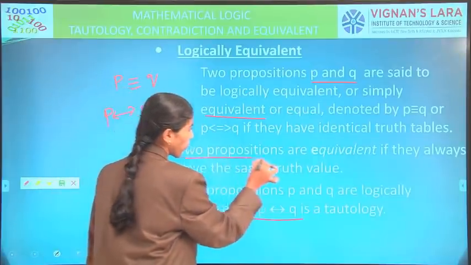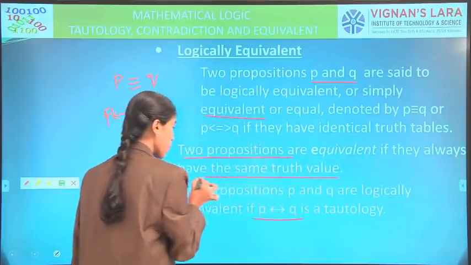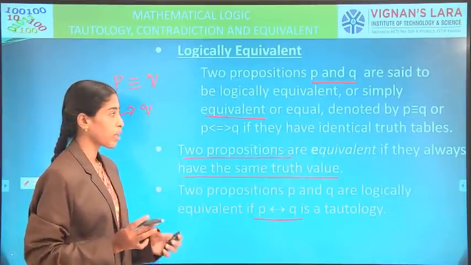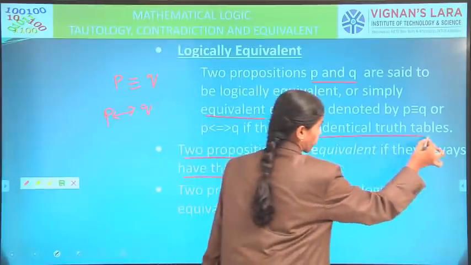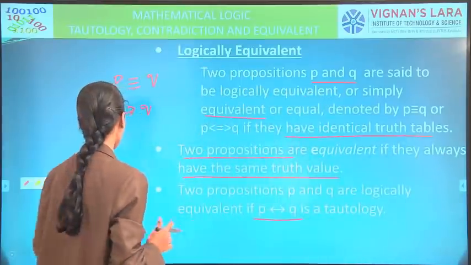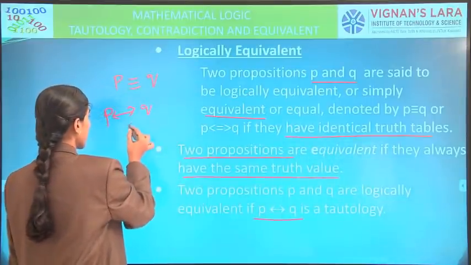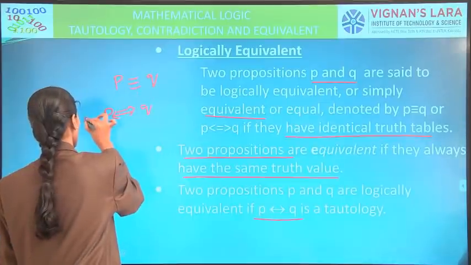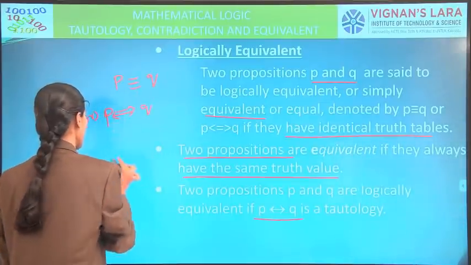Otherwise, the two propositions have the same truth value, an identical truth table. So to say that two propositions P and Q are logically equivalent, denoted by P logically equivalent to Q, the conditions are like this.